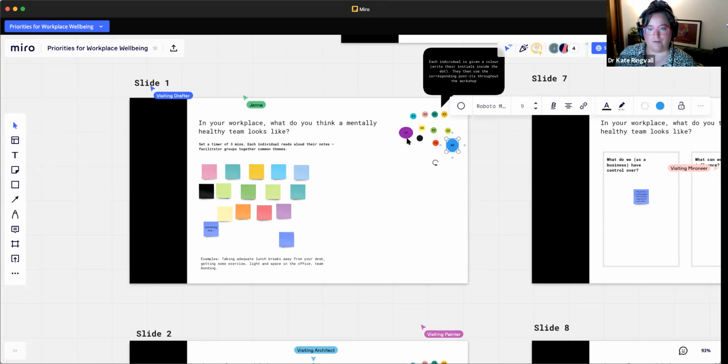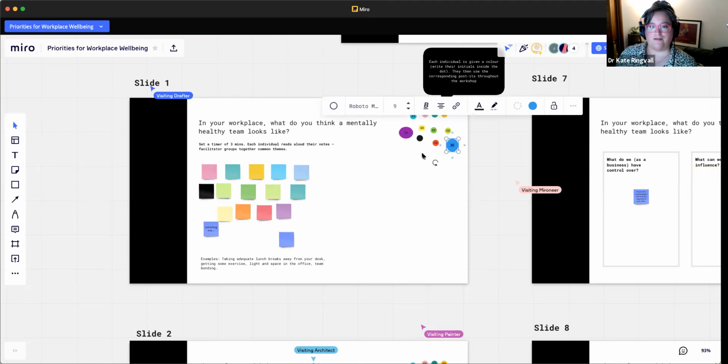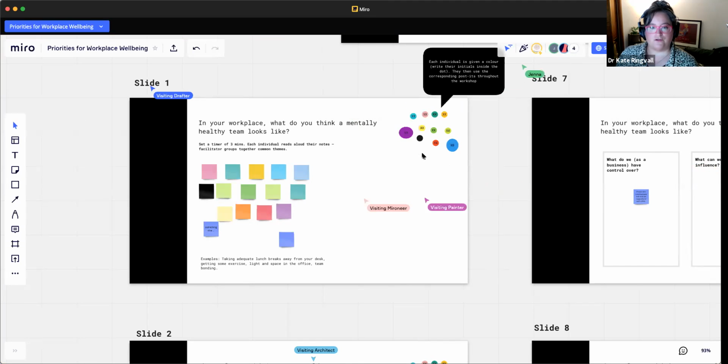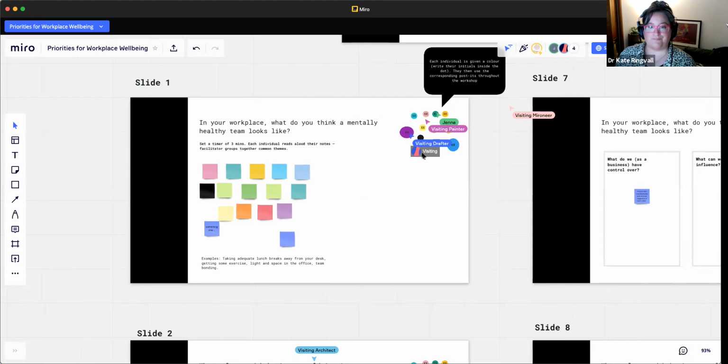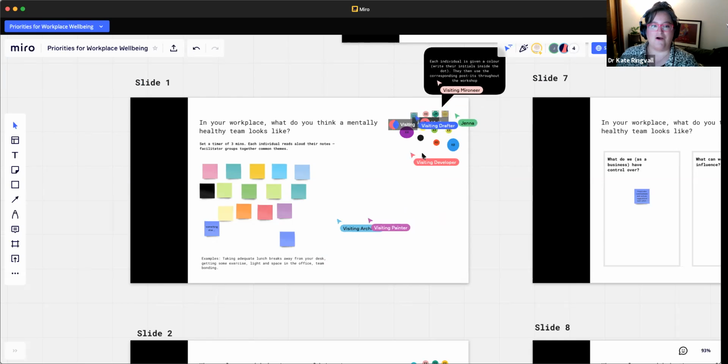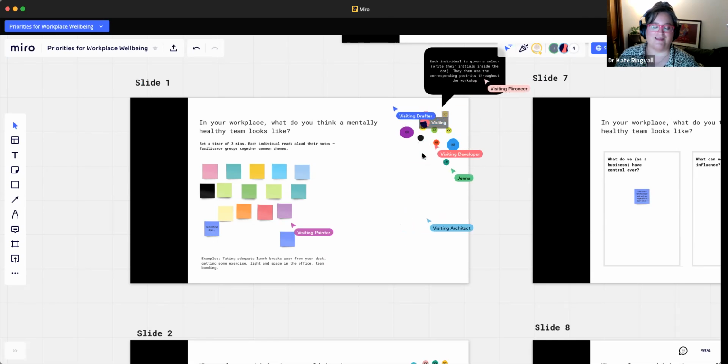So take one of these colored dots up the top right-hand corner, and you're probably going to have to enlarge it, choose a color, put in your initials, and then hopefully your color of dot will correspond with one of the colors on the post-it notes. They're not quite a match, but work with me on that.